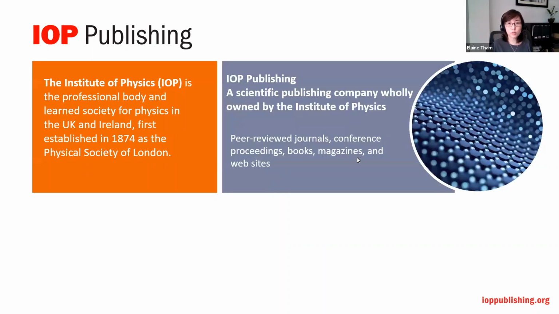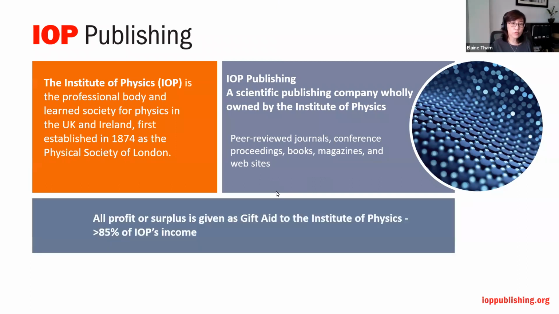IOP Publishing is the publishing arm of the Institute of Physics, and we are the largest society publisher in the physical sciences. All of our profit or surplus is given back to the Institute to support their charitable activities promoting physics around the world.